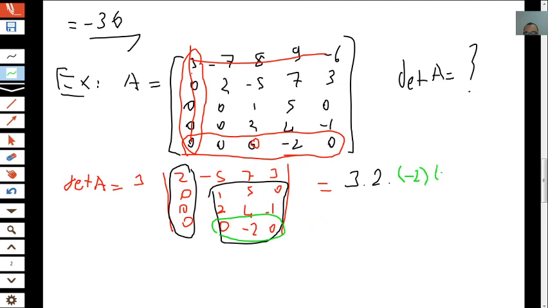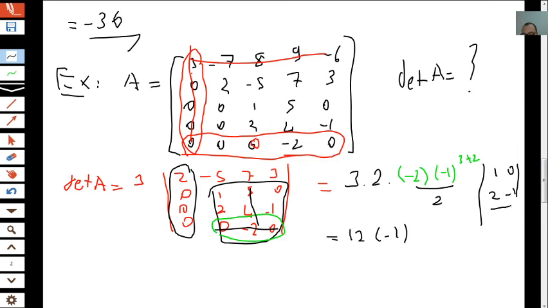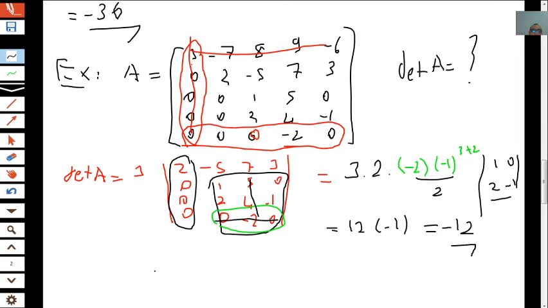It is in the third row and second column, times, by cancelling the third row and second column, the remaining numbers are 1, 0, 2, minus 1. So we have plus 2 from here, 12 times minus 1, which is the determinant of this one, becomes minus 12. Okay.